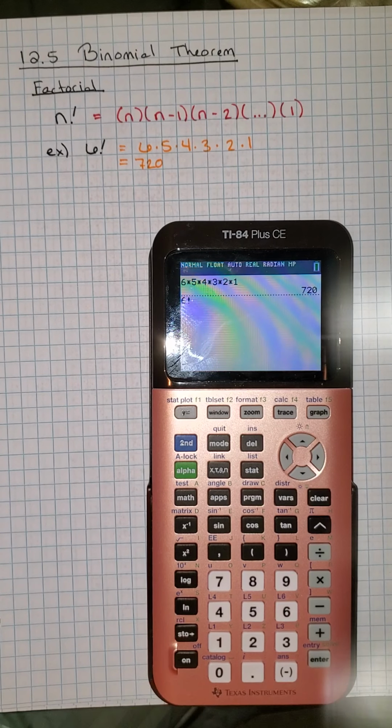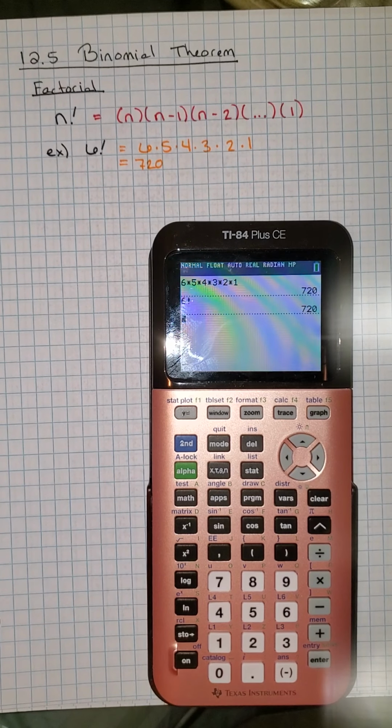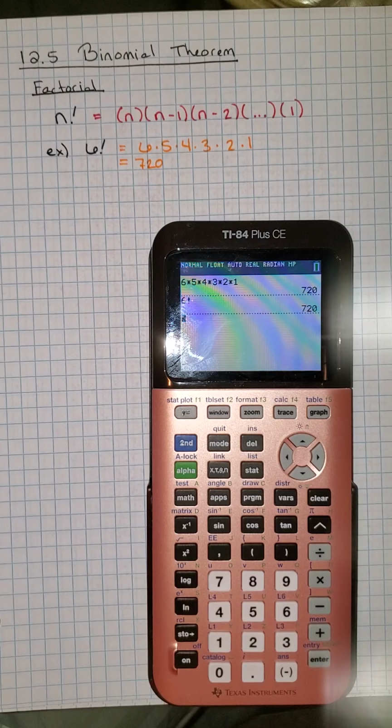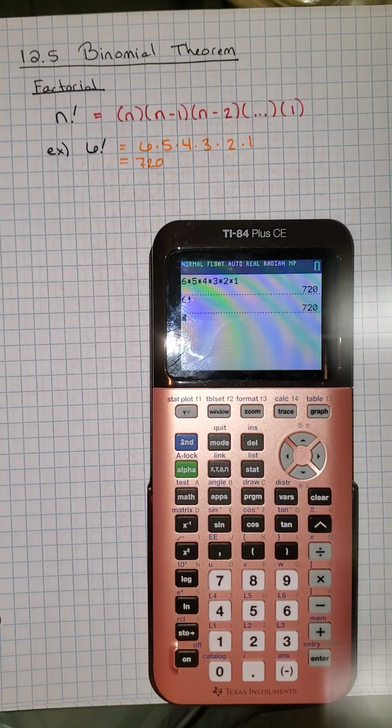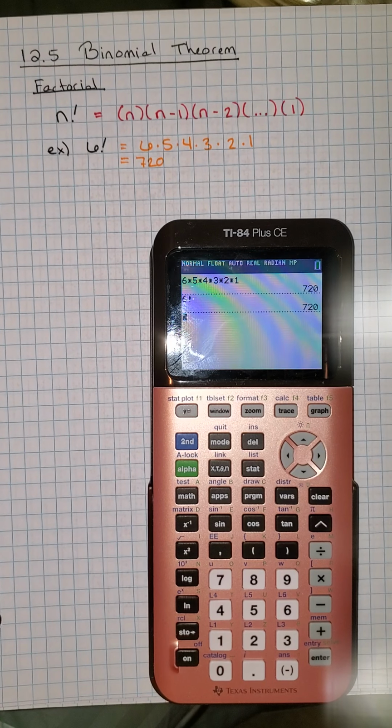You just hit that, then hit enter, and there's your answer. So you don't have to do the whole thing. I know there are scientifics that have the factorial as well. A lot of times it's right on the front of the calculator. So again, it's one of those cases of just knowing your own calculator.